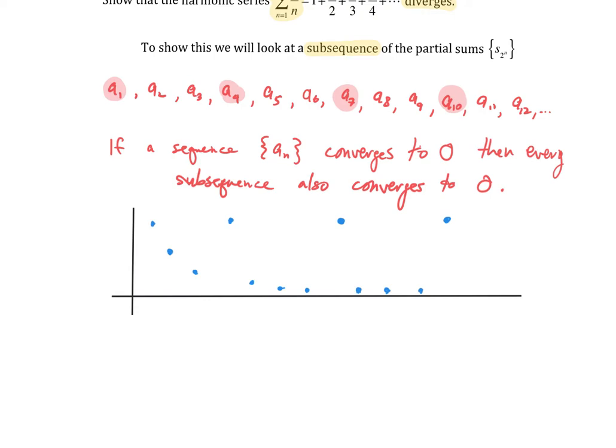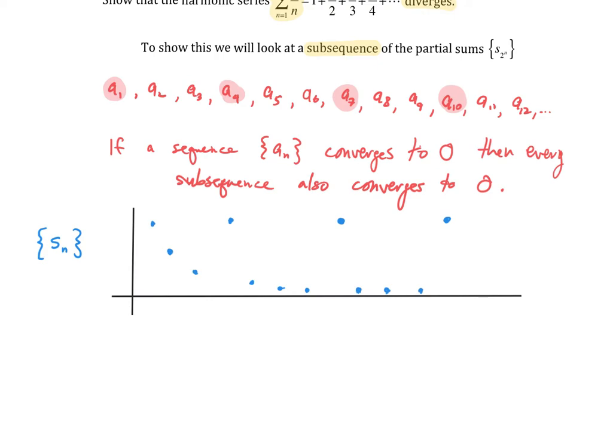Each of these dots represents part of our sequence of the nth partial sums. We're not even going to look at all of these dots.